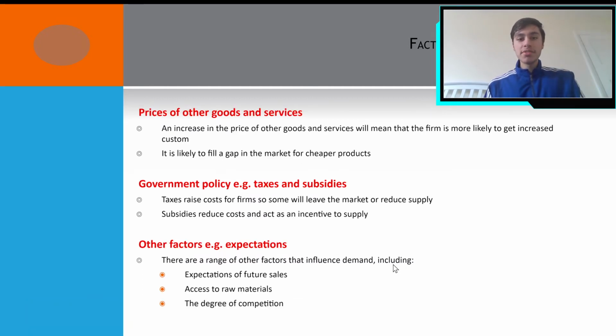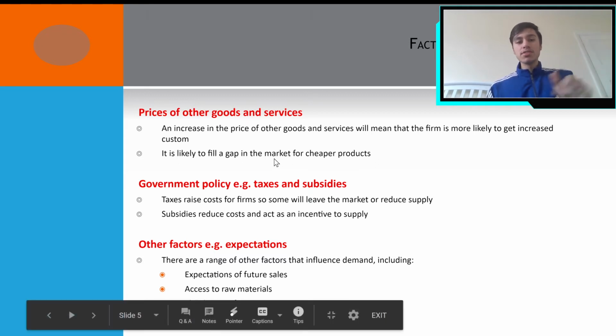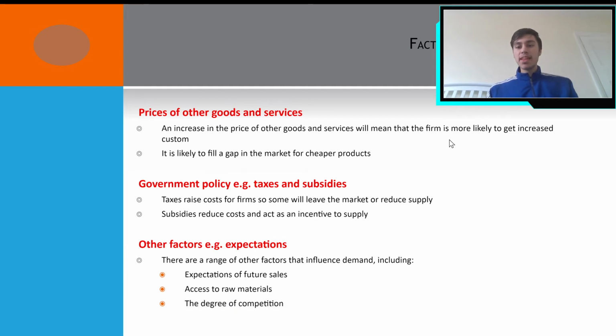Price of other goods and services. I gave the Coke and Pepsi example in the demand videos, so the same goes for here. Let's take the example of substitutes, like Coke and Pepsi. Let's say Coke and Pepsi come at the same price.